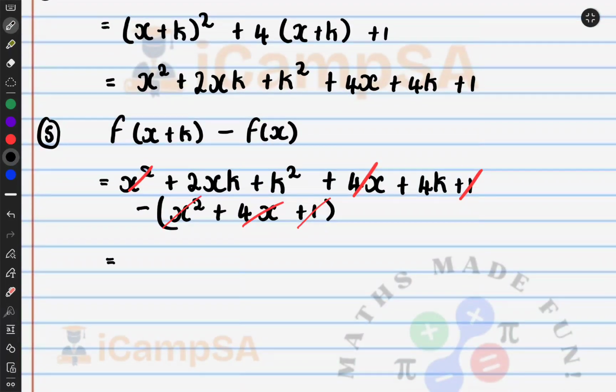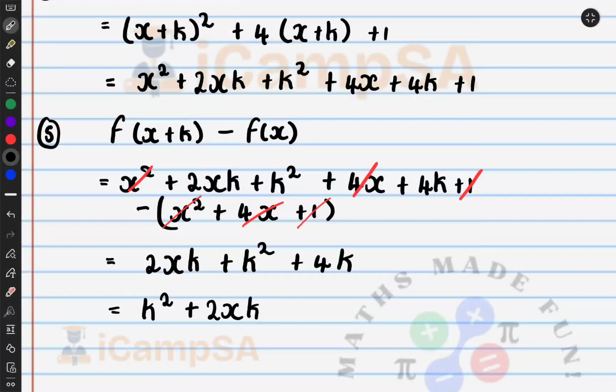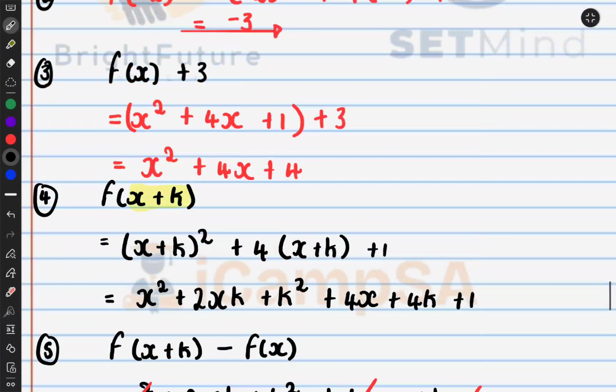What we are left with is 2xk plus k squared plus 4k. Now let's put it in the correct order. This is going to be k squared plus 2xk plus 4k. Okay, so that is how you will go about answering that question.